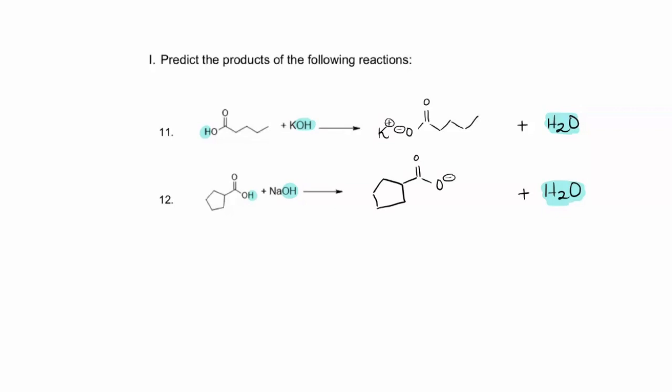And in this case, since the cation in the ionic base is sodium, that is going to sit next to the oxygen atom that became negatively charged once the hydrogen left to combine with the OH in the base. And this is the carboxylate salt that is produced from the reaction in 12.